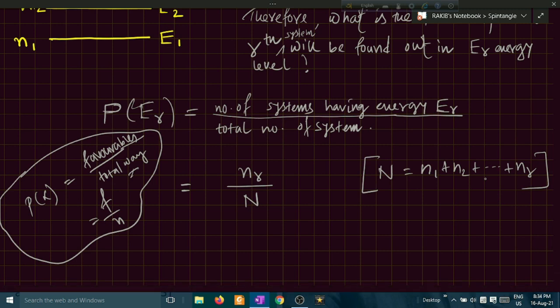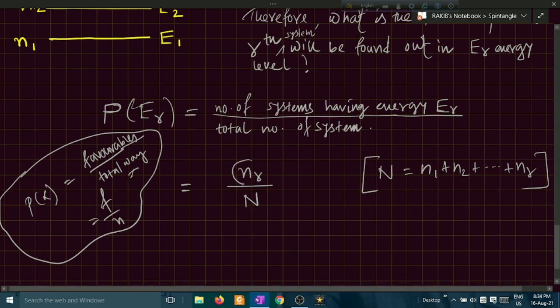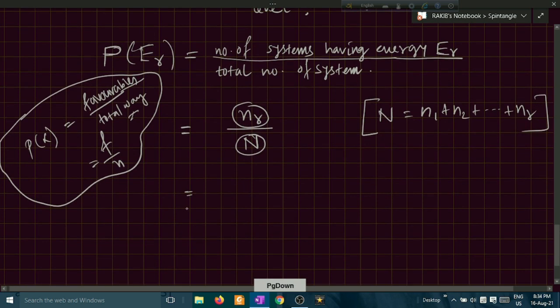Now, this is the number of particles. Therefore, in the case of number of particles, what do we have to think about? We have to think about the Boltzmann distribution law.